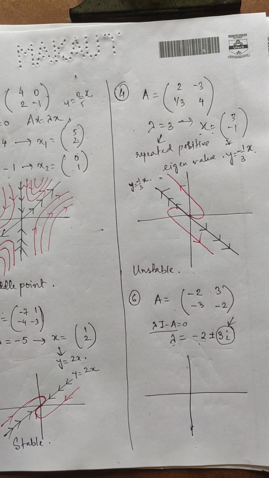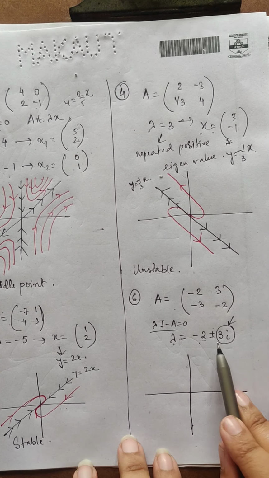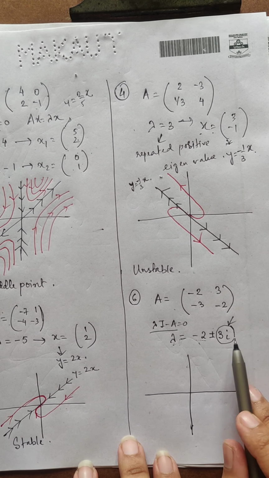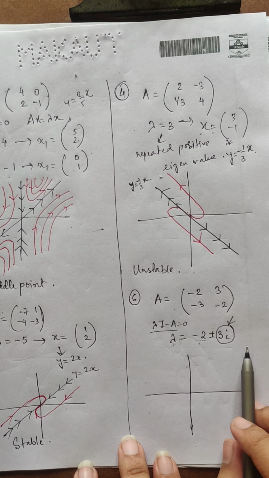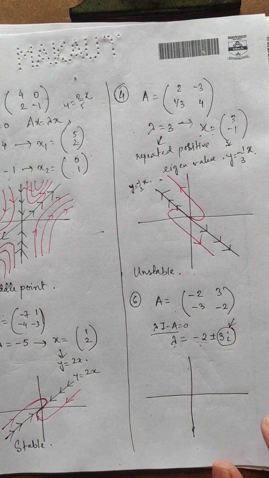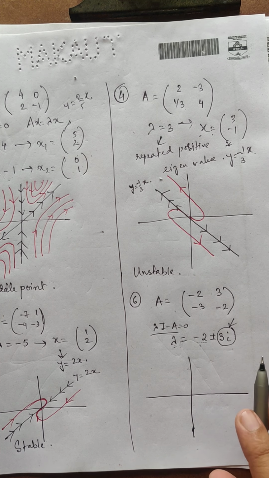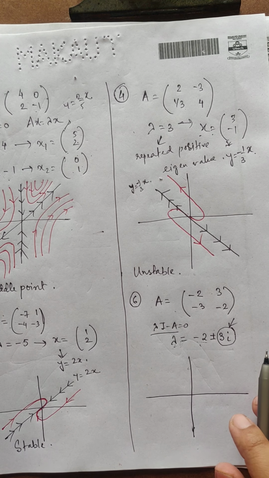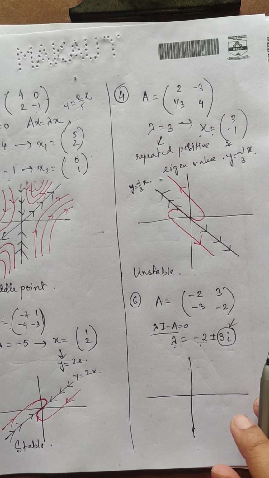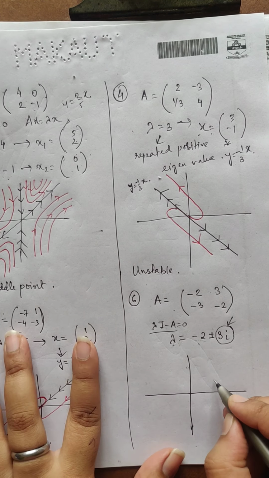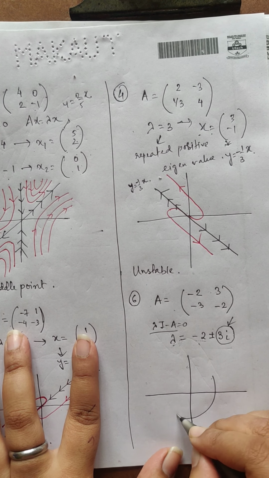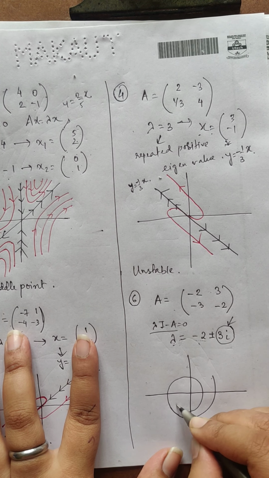And secondly, since I have plus or minus 3i, I have both cos and sine terms present in my expression. That means the trajectory will look like a curve or a spiral, and the spiral should go inside, or rather converge towards the origin. So if I start my trajectory here, it will look like this.